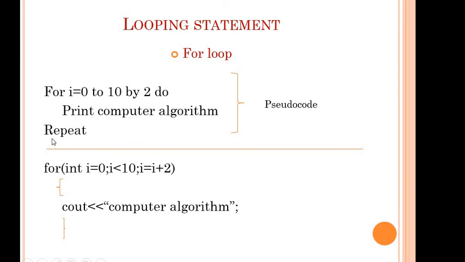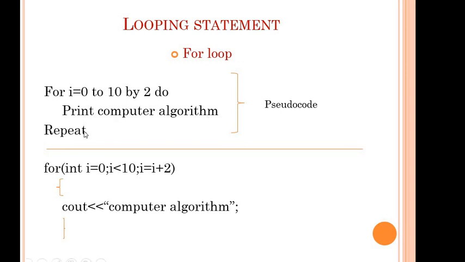Then they are using the word repeat here. This repeat explains that the for loop is finished here. Within the for and repeat, whatever statement is inside is executed as many times as the condition is true.